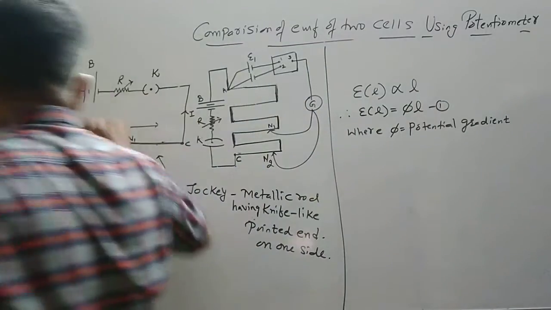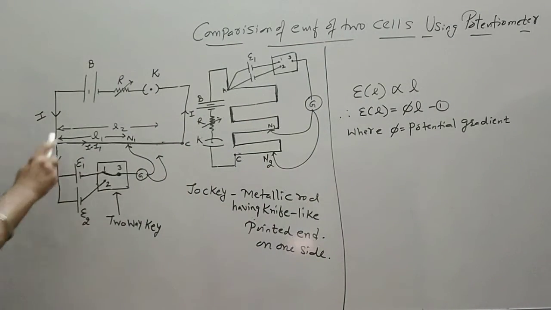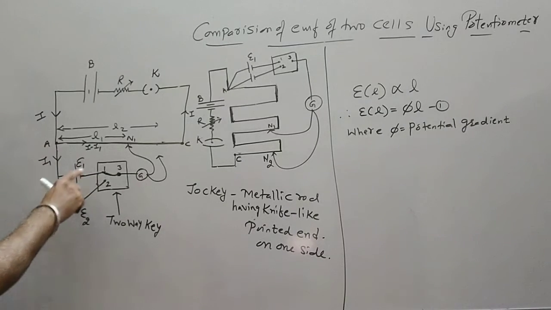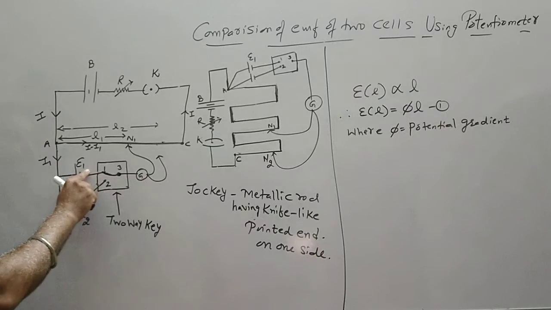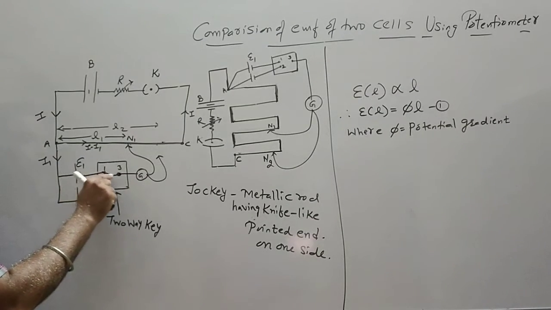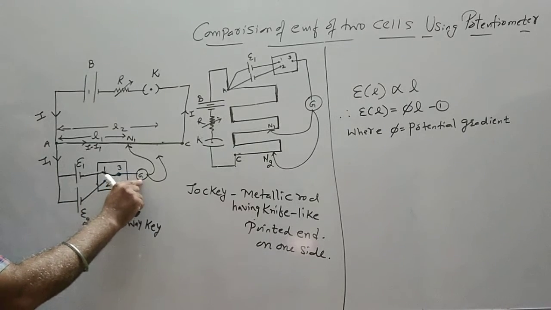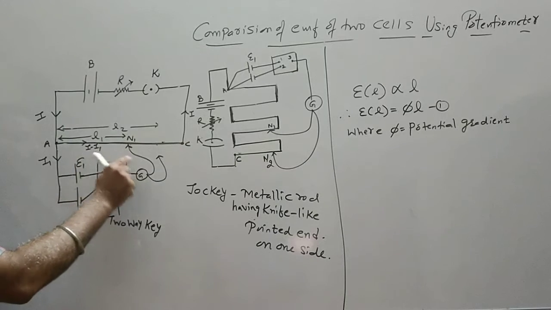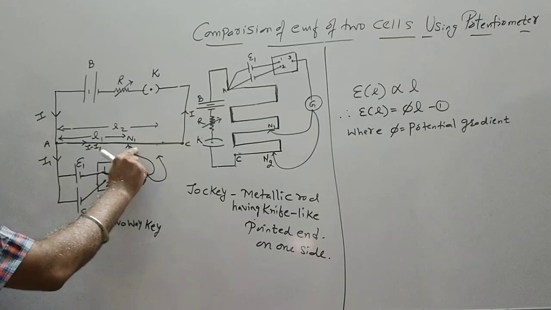So we assume that this EMF is more, so current will go inside, enter the positive terminal, and it means E1 is being charged. This is for your explanation. Then this I1 comes from point A to 3, then the galvanometer shows a deflection, then N1. From this the current coming is I minus I1. From this the current coming is I1.